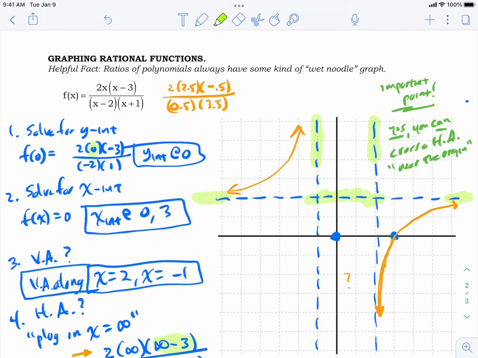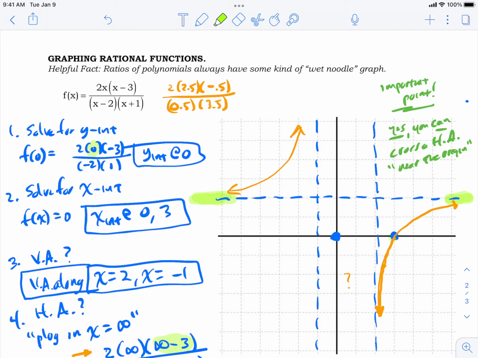No way. You can't do it. But there's no division by zero thing that happens with the horizontal asymptote. It's just an observation that as x gets very big, it levels out on one side or on the other. So again, there's nothing that prevents it really from crossing the horizontal asymptote somewhere in the middle.